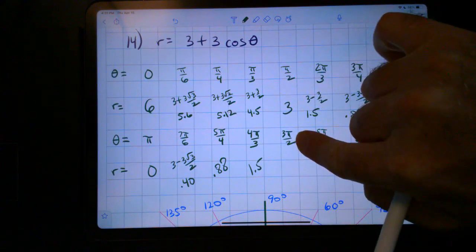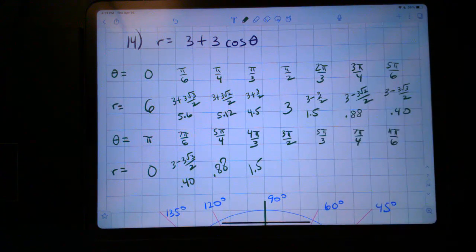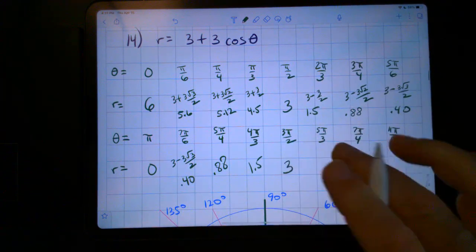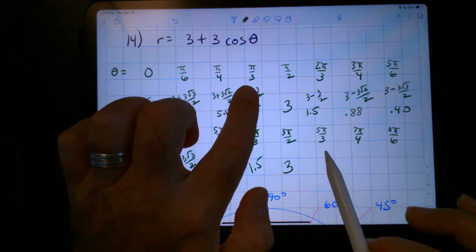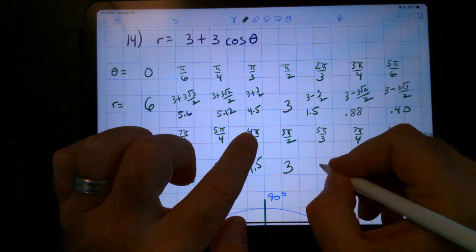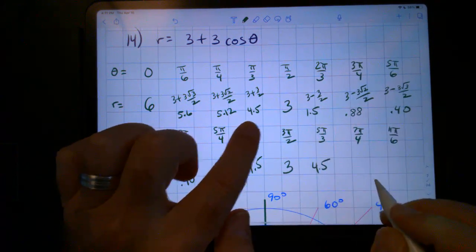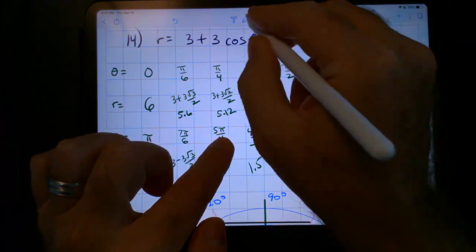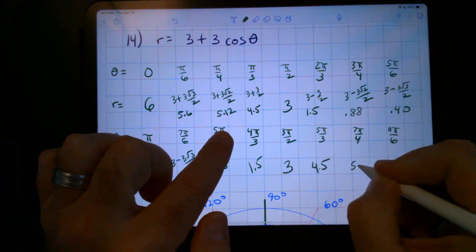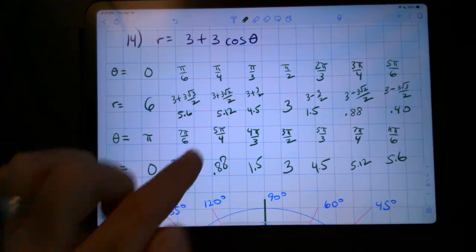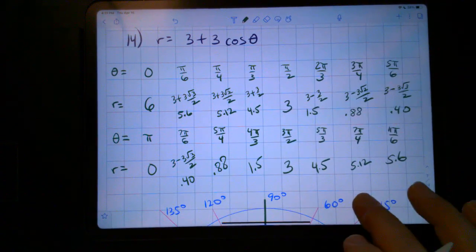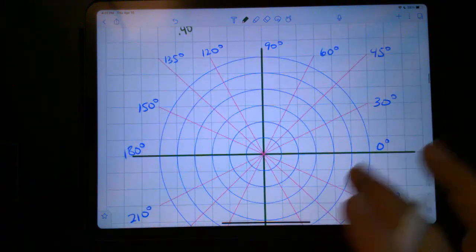Cosine of 3 pi over 2 is 0. These will be the same. So we're going up to 6.